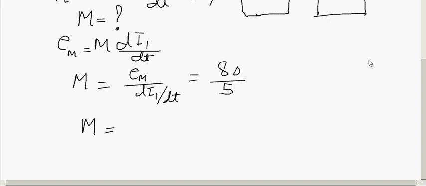Not 80 by 5, I think it's 5 volt, and the rate of change of current is 80. So EM divided by di1 by dt, EM is 5 volt and di1 by dt is 80. So 5 by 80, and do the calculation, it will come around 0.0625 Henry.